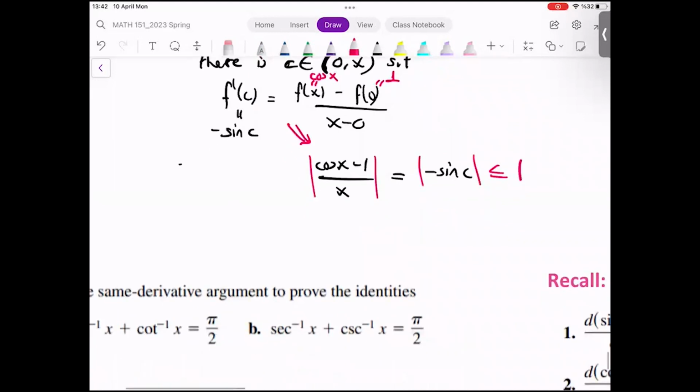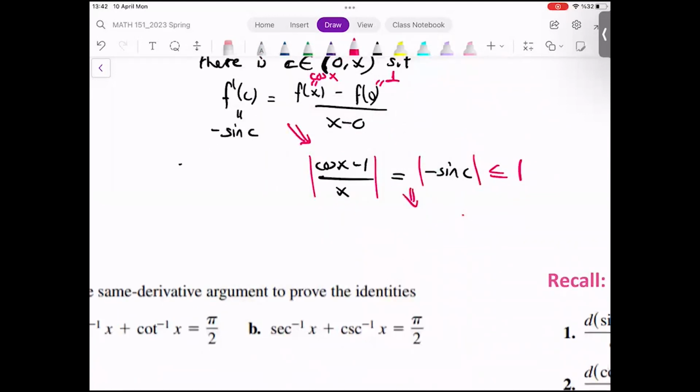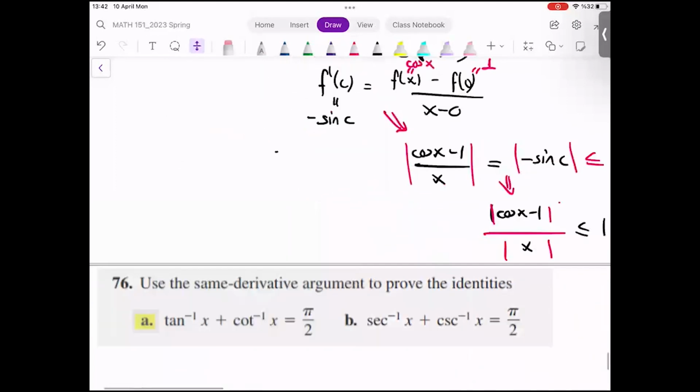And then what happens? So you can distribute this absolute value to the numerator and denominator separately. Am I right? The absolute value of cosine x minus 1, over the absolute value of x, is less than or equal to 1. And then this will be the final line.